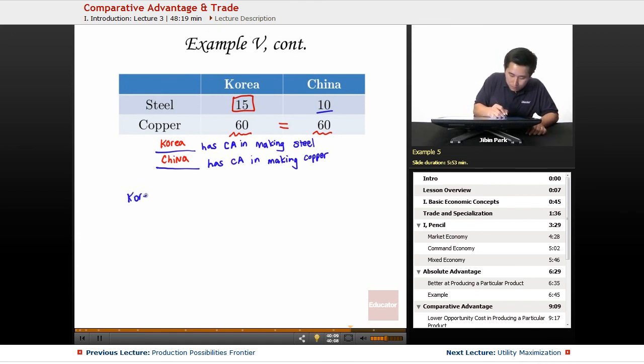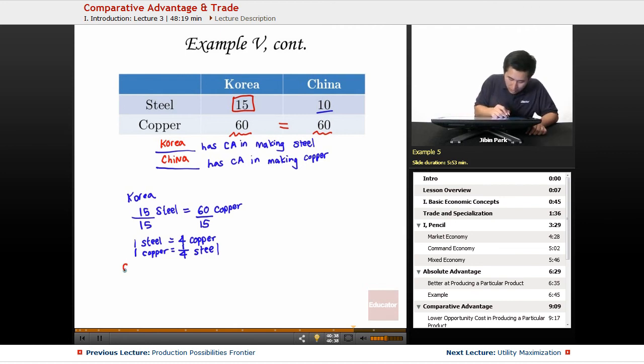In Korea, 15 units of steel is going to equal 60 units of copper. Now let's go ahead and divide here by 15. So you get 1 steel equals 4 copper. And therefore the reciprocal, 1 copper equals 1 over 4 steel.